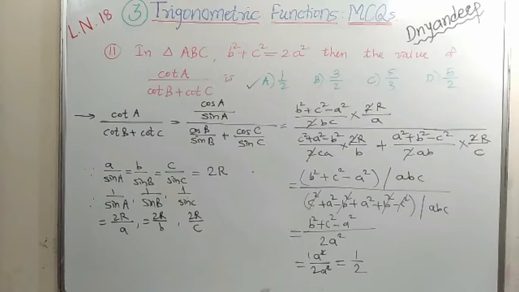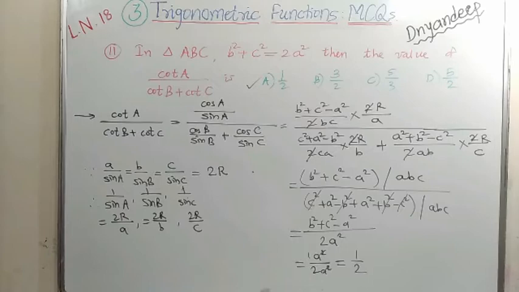Also in the denominator, c² and b² get cancelled because there is positive c² and negative c², negative b² and positive b². So in the denominator remains only a² plus a², that is twice a², and the numerator is b² + c² − a².